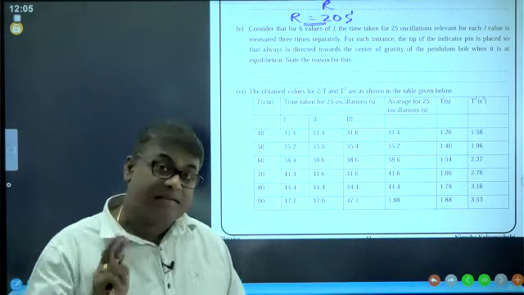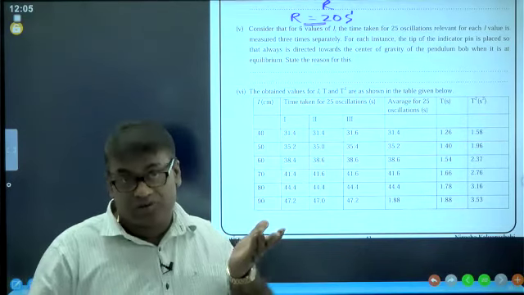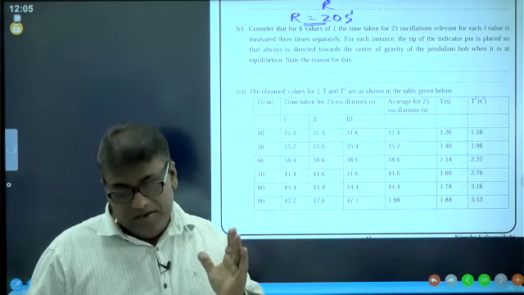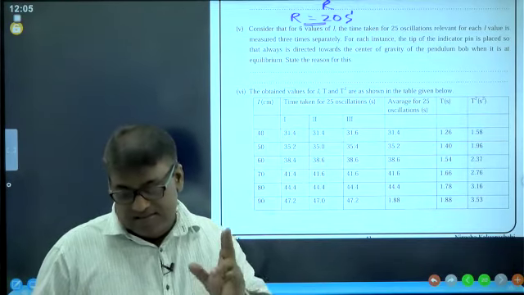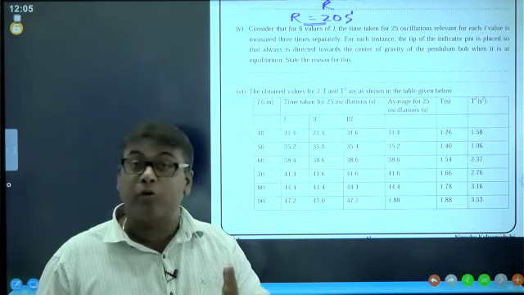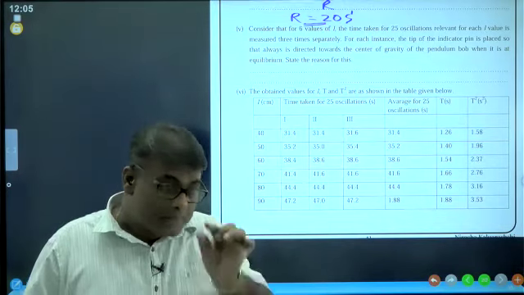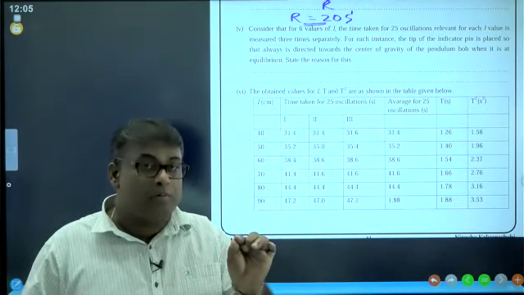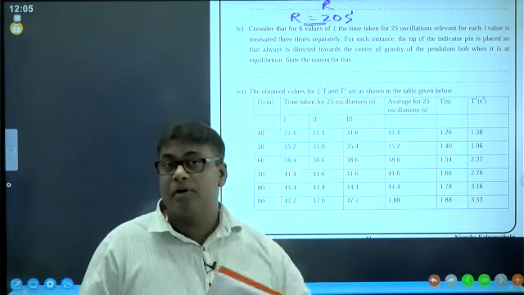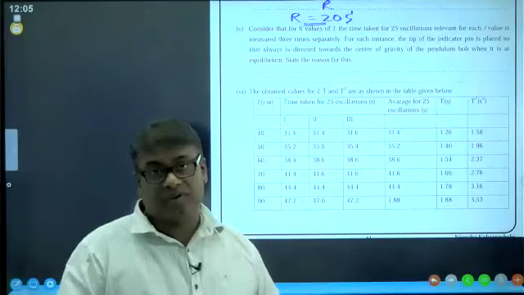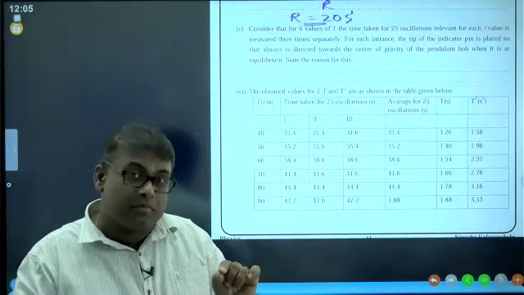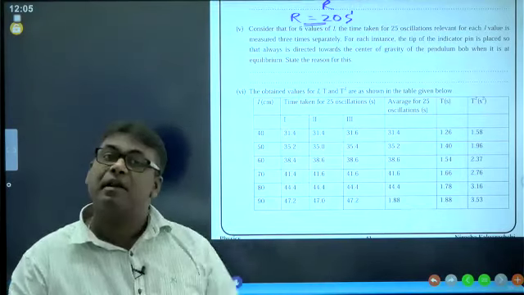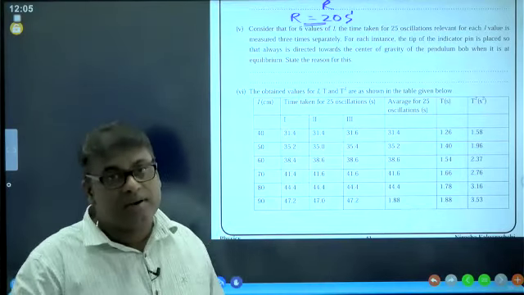Basically, we are taking 3 readings to improve the accuracy. The indicator is always directed towards the center of gravity of the pendulum bob because the center of gravity of the pendulum bob has the largest velocity. As the highest velocity occurs there, we use the indicator to exactly measure the number of oscillations and the relevant time.